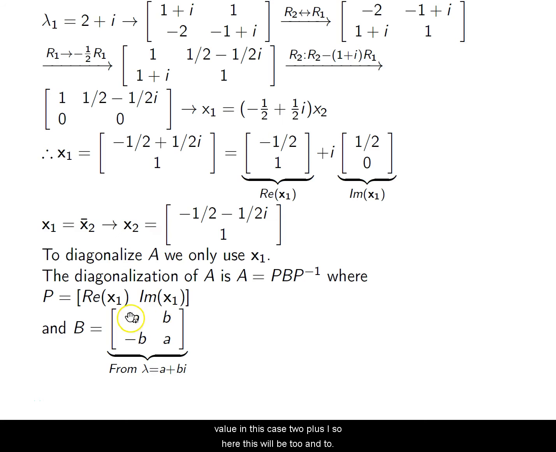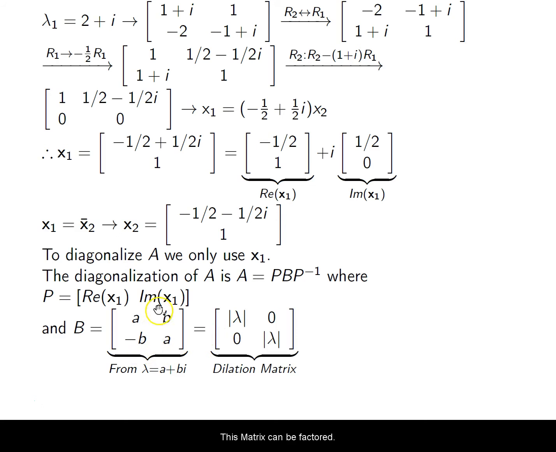So here, this will be 2 and 2, 1 and negative 1 on this diagonal. Okay? So the B matrix is made up of the elements from my eigenvalue that we have. All right? Now, obviously, it's not a diagonal matrix. Okay? But that's okay. This has a very specific form that we're going to get into in just a second.